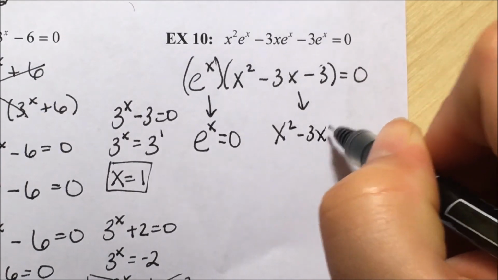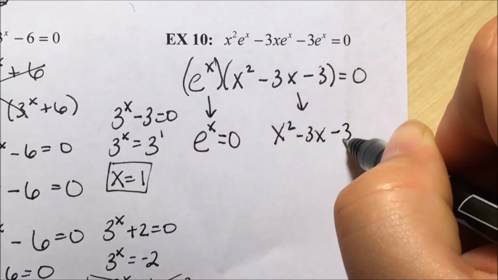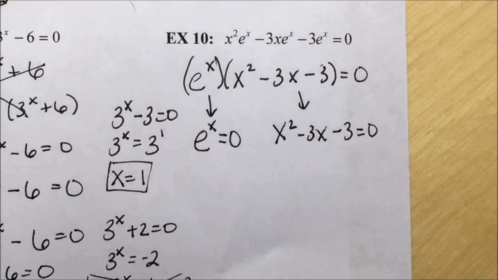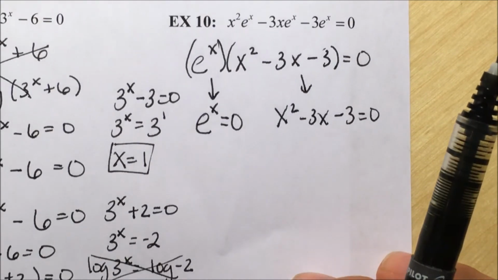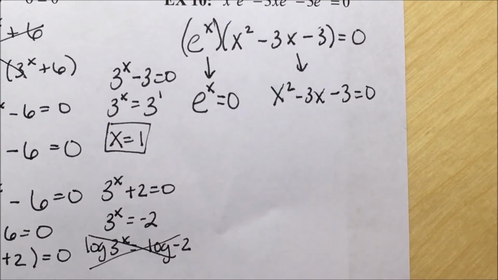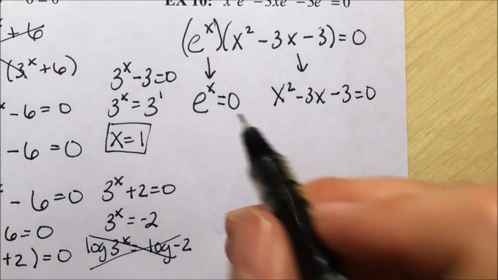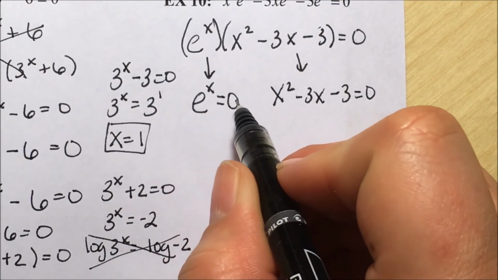So that's going to give me one problem that's a little bit simple to solve, and then one that is quadratic. If that quadratic was factorable, I'd break that down again. Since it's still equal to 0, I could then set each of those factors equal to 0. However, this one's not, so to solve it, we're going to use the quadratic formula, or you could use completing the square if you like. First, I'm going to turn my attention to this guy.